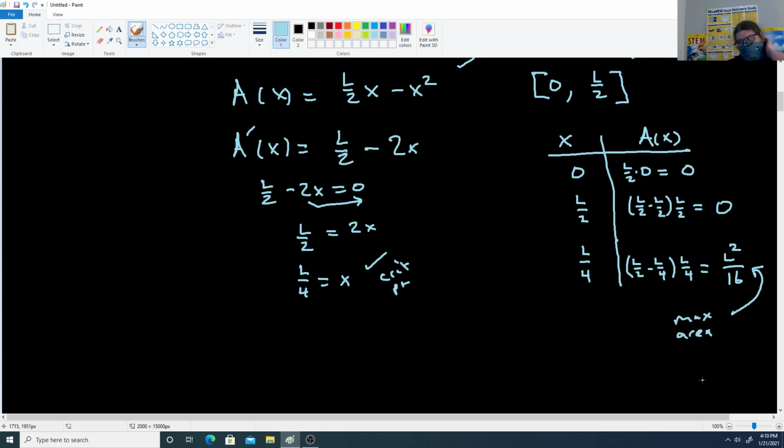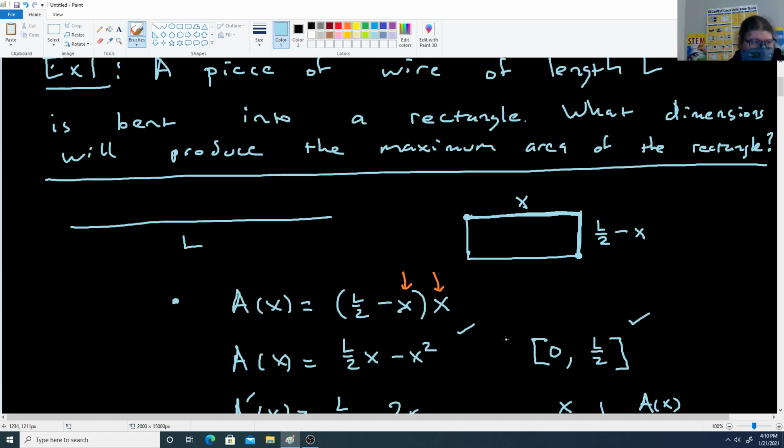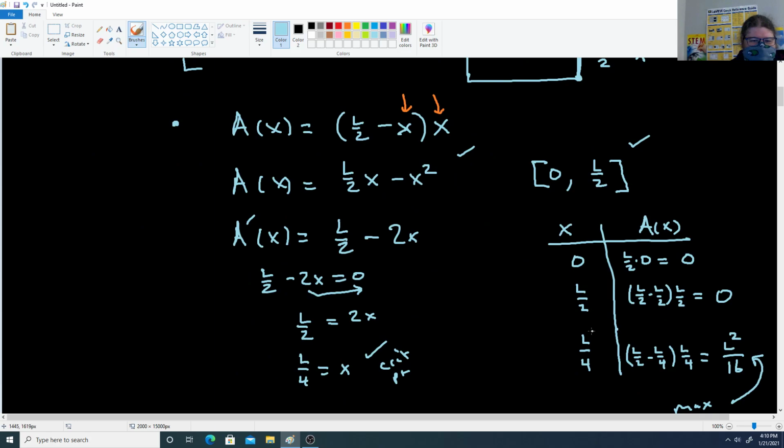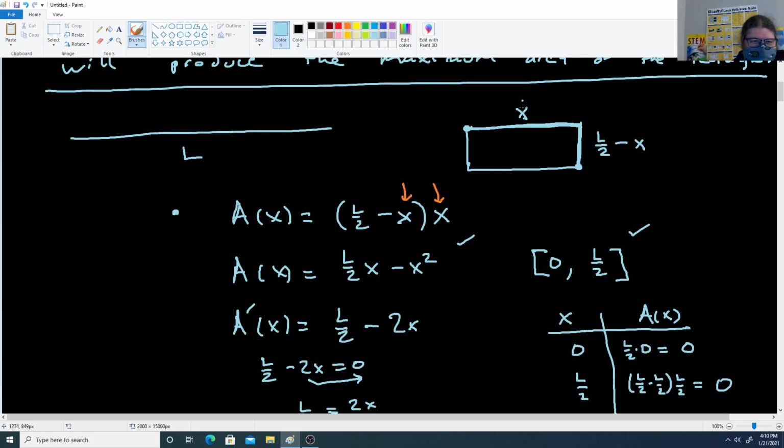We need to read the question again to make sure that the way that we format our answer is what they want. They want us to say what dimensions will produce the maximum area. So the maximum was when x was L over 4. So if x is L over 4, then the length is L over 4, and the height would be L over 2 minus L over 4, which is L over 4 again.